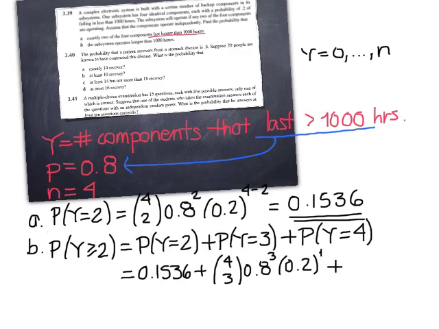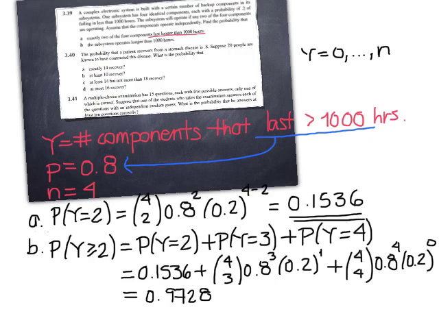And finally, the last term is the combination here, 0.8 raised to the power of 4, and we don't want any failure. So you can also do this, and this should give you 0.9728.